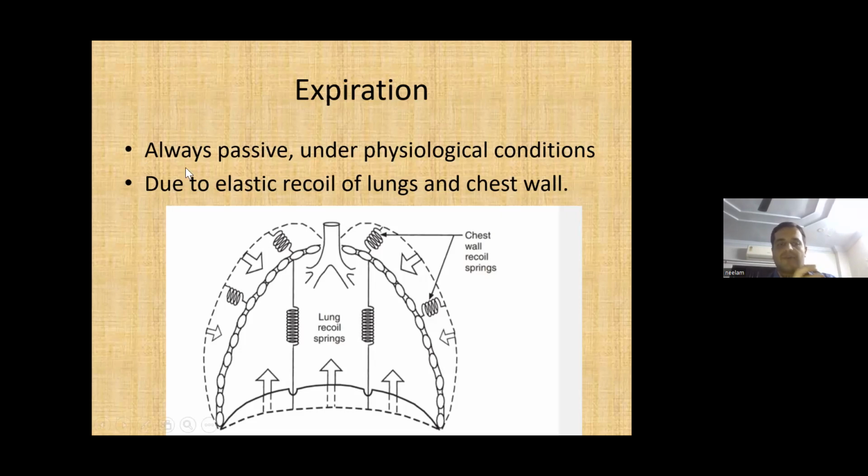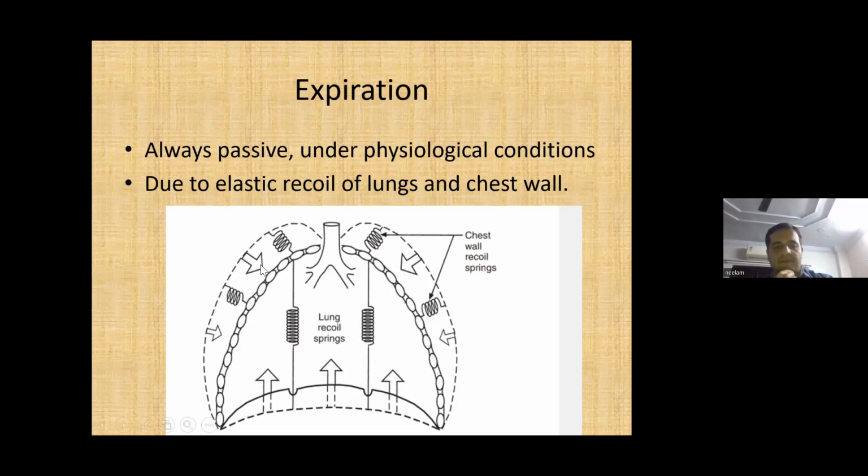Okay, so expiration always happens passively under physiological conditions, and it is because of the elastic recoil of the lungs and the chest wall. Lungs and the chest wall have the elastin tissue, and that elastin tissue has a tendency to come back to its original shape. If you can see here, it is just like a spring. Whenever the lung expands, there is a tendency to coil back to its normal.